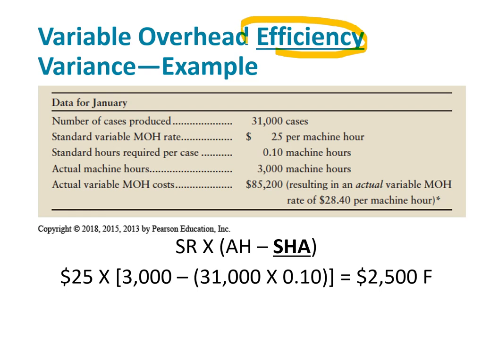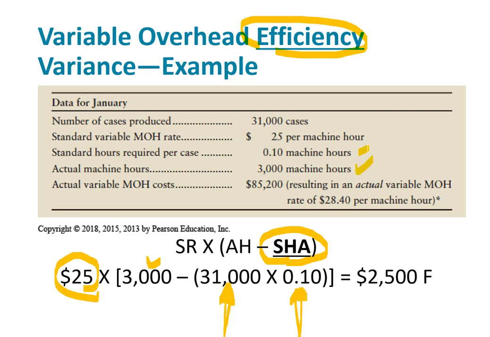The next one is the efficiency variance, and just like direct labor, we have an efficiency variance. That will be the standard rate, which we know is $25, and then we look at the actual hours, which is 3,000. That's also given to us. And then this is important, and I bolded it and underlined it: the standard hours allowed. Whenever you have one of these calculations, you take the actual number of units that were produced times whatever the standard was for the production.